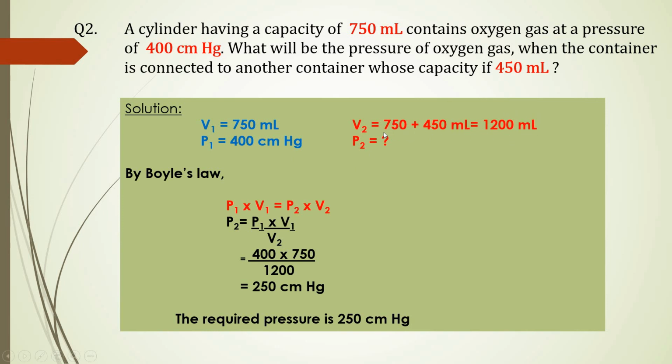Therefore, what should happen to pressure? It should decrease. Therefore here, if the initial pressure is 400, then your final pressure must be less than 400. If your final pressure comes more than 400, then your solution is wrong. Is that clear, boys? So always think smart. You can always cross-check your answers.